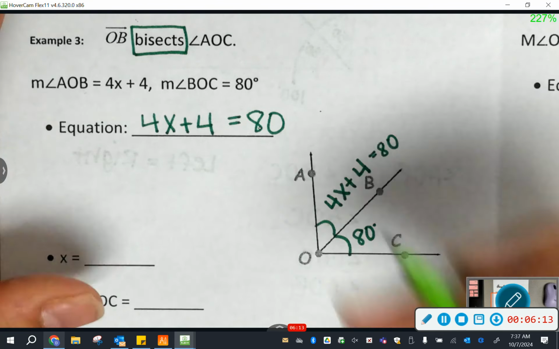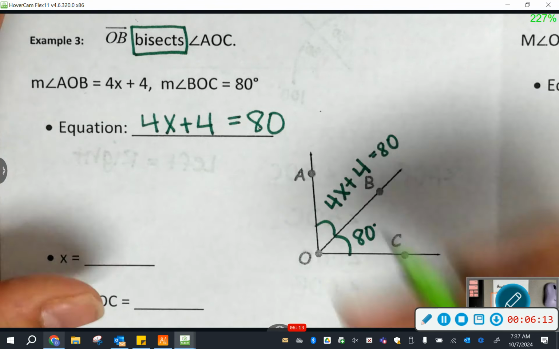What do I do next? What is 76 divided by 4? It is 19, even? Mm-hmm. Ooh, awesome. I love when it's even like that. It is 19. So x equals 19. Now, what's the next question asked for?